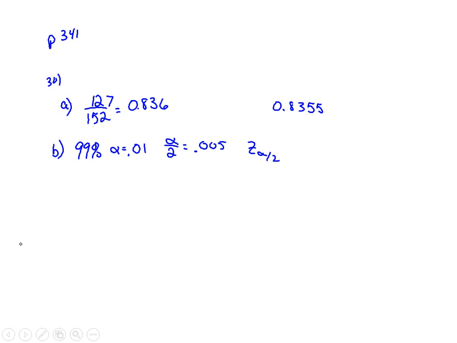So the z-score that gives me 0.005 in my right tail, which means I want 0.995 in my left tail, is 2.575. So that is going to be my z of alpha over 2.